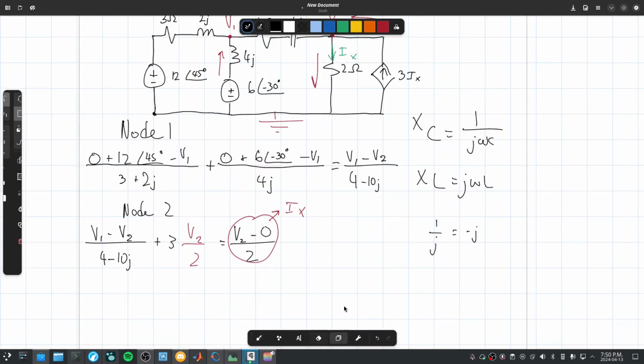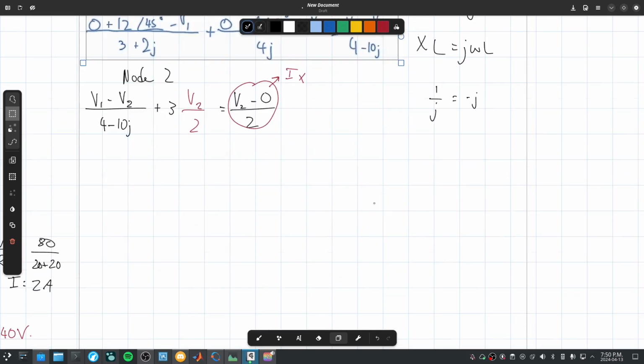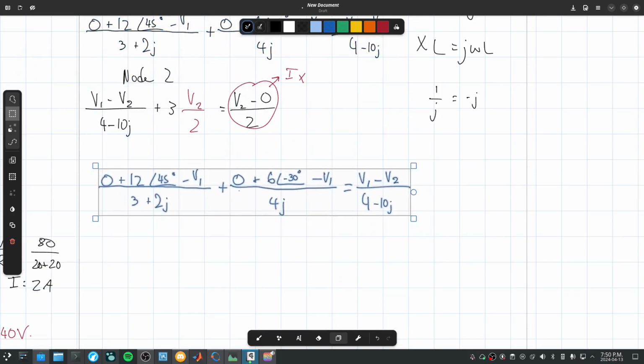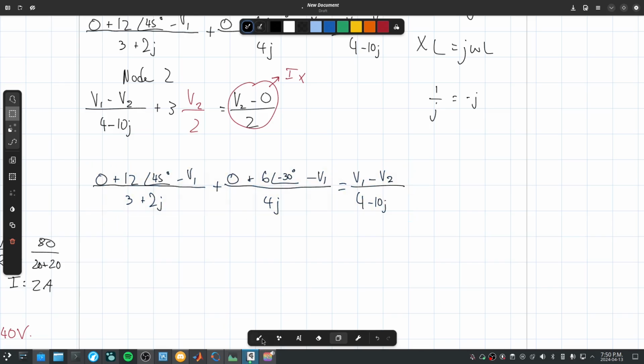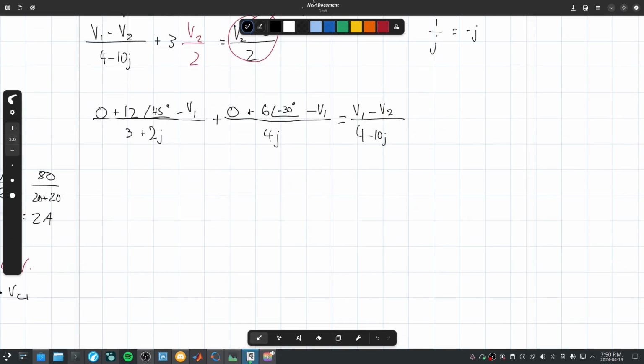So let's start with node 1. You can do it however you want, you're going to get the same answer. It's algebra, right? All roads lead to Rome. The way that I like to do it is you break it out. First of all, let's get rid of these zeros. You split it up, and then you collect like terms.